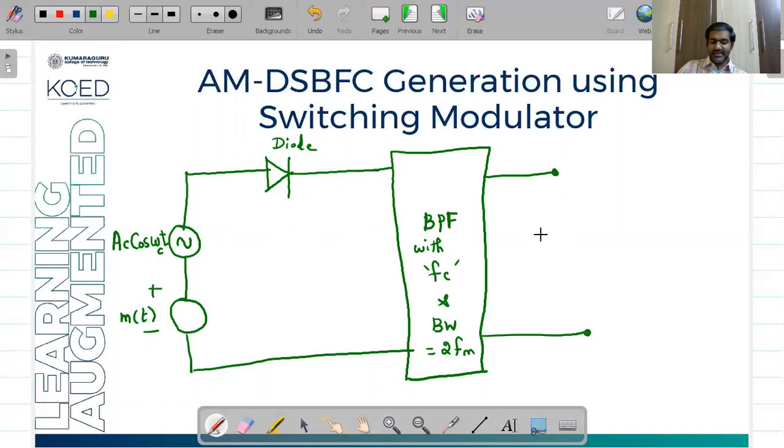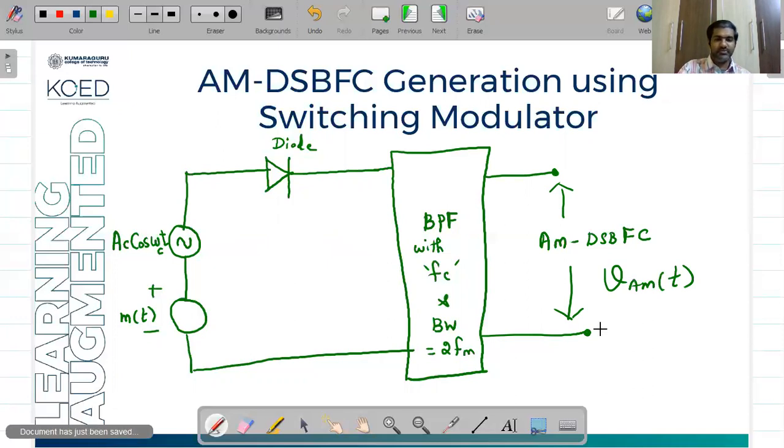This output is nothing but the AM double sideband full carrier, or AM of t. Let me say my input is Vi of t.